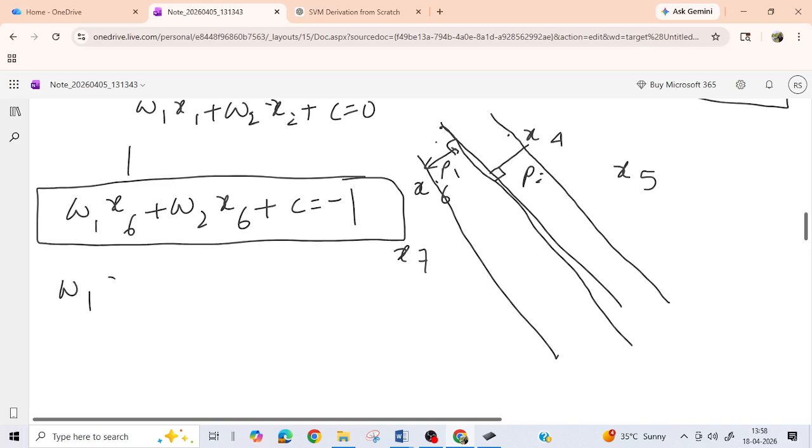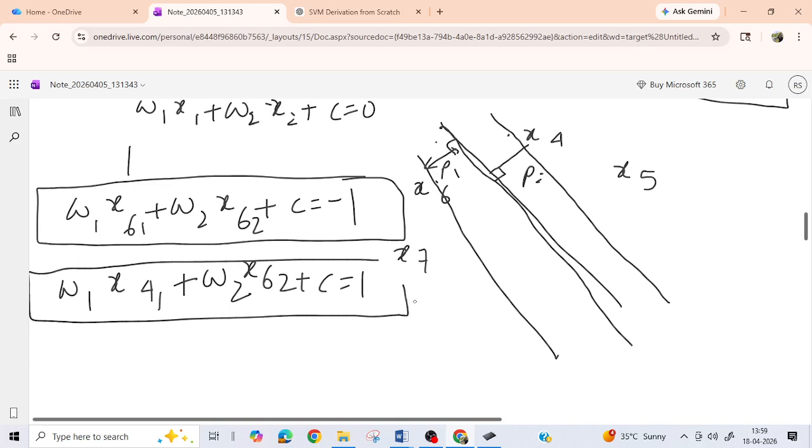And then similarly w1 x41 plus w2 x42 plus c equal to 1, okay? This is the equation of the line passing through support vector x6, and the equation of the line passing through x4.